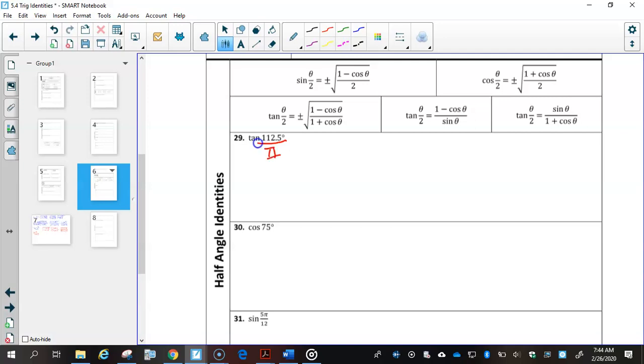Because that's our half angle, that's going to determine whether our equation is positive or negative. So the half angle also always determines whether the equation is positive or negative. I'll just rewrite it because I wrote it very sloppily.